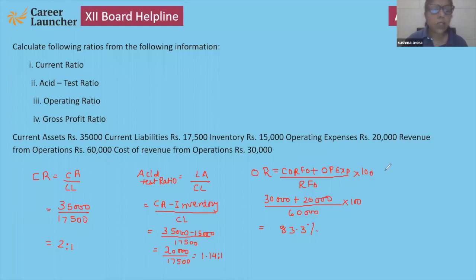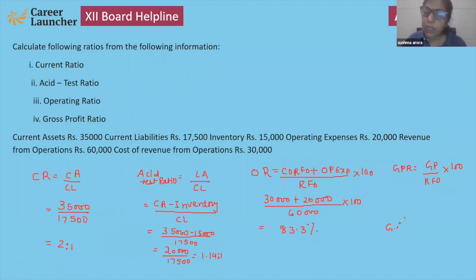Now last, how to calculate GPR, gross profit ratio. Simple formula, GP upon RFO into 100. But in this question, GP is not given. So first of all, we have to calculate GP.